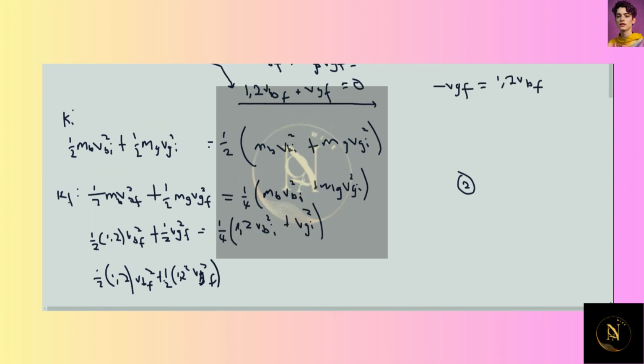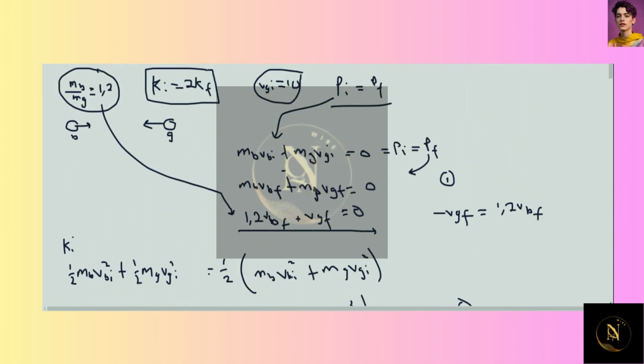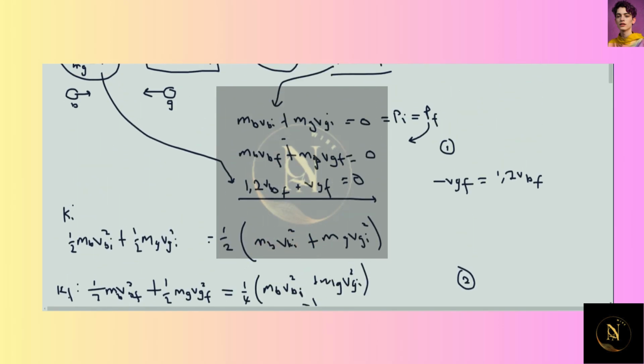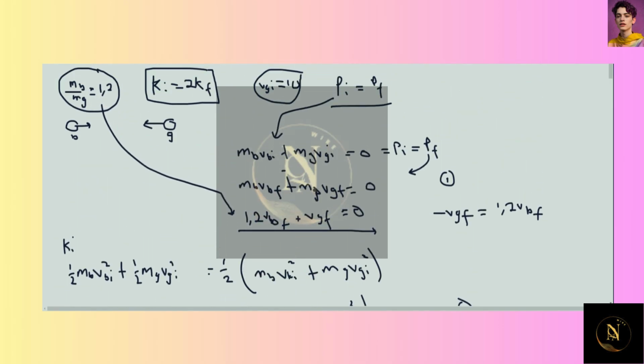And so now we can go back to one of our equations here. So we know that the momenta were the same, but they were in opposite directions. The initial momenta were the same. So we can now also write another equation to simplify this.